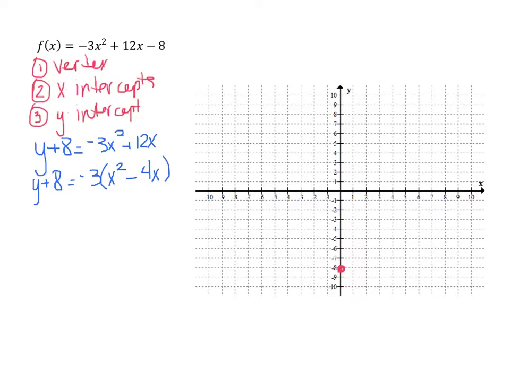Now we figure out what's that thing we need to make this a perfect square. So half of negative 4 is negative 2. Negative 2 squared is 4, so we would say plus 4. We added plus 4 here. Over here, we have to remember to add 4 times negative 3, so we'll actually subtract 12.